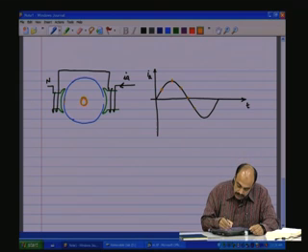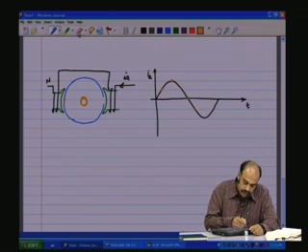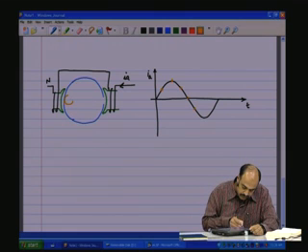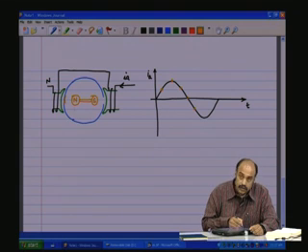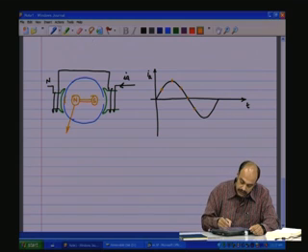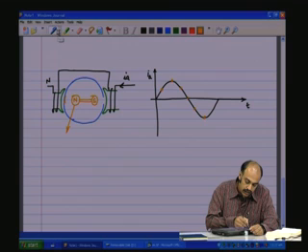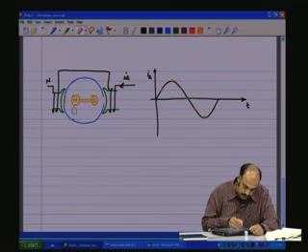And then further when the current starts going negative, what happens is now the dumbbell reverses polarity. That is, you will have a dumbbell which is half the size. Now this is south and this is north. Note the change in polarity. And then at the corresponding negative peak, it would reach the negative maximum.